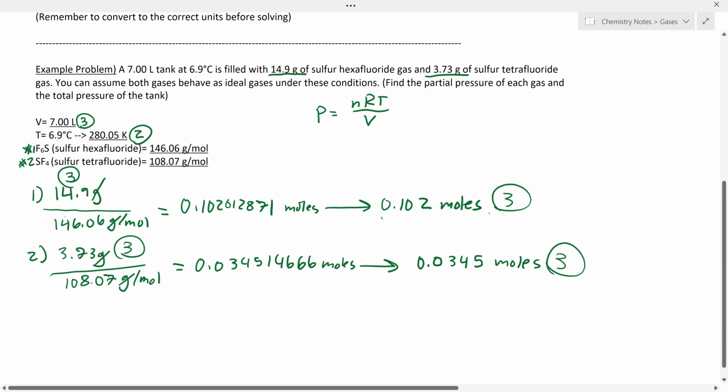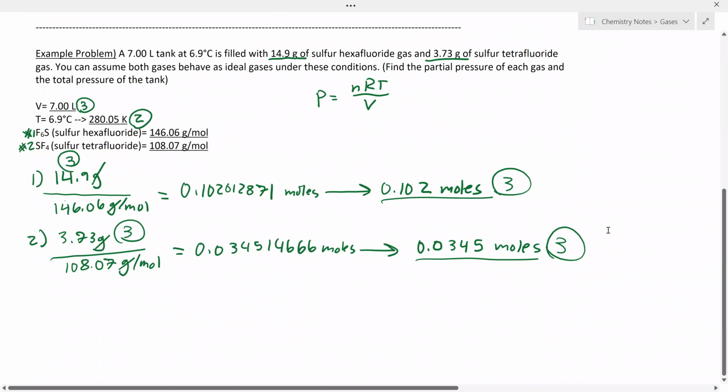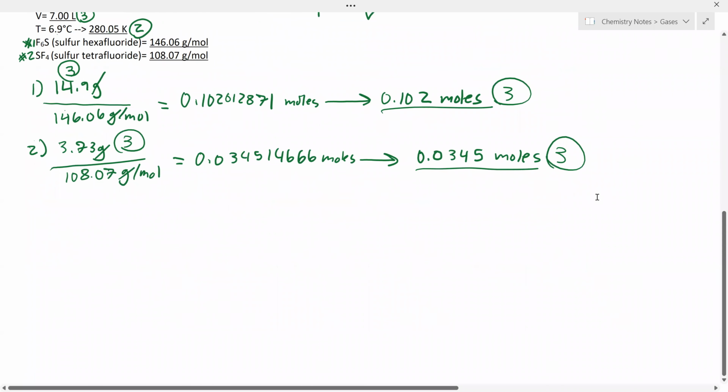Okay, so now we have our measure of how many moles there are for each. So now we have that n value that we need. So now we can actually solve for the pressure. Okay, give us some more space. So we'll find the pressure of 1, which is the sulfur hexafluoride. So we'll do P1. That's where it comes in. And then we do n.